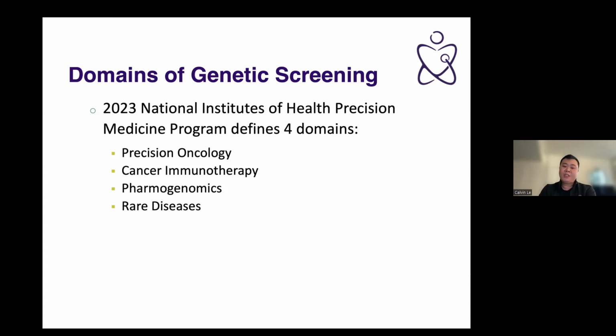A growing field is pharmacogenomics, which looks at gene-drug interactions, and then there's rare diseases, which relates more to newborn screening and prenatal counseling. For this talk, I'll focus more on these 2 categories: cancer screening and some pharmacogenomics, which is more in line with a general medicine talk.